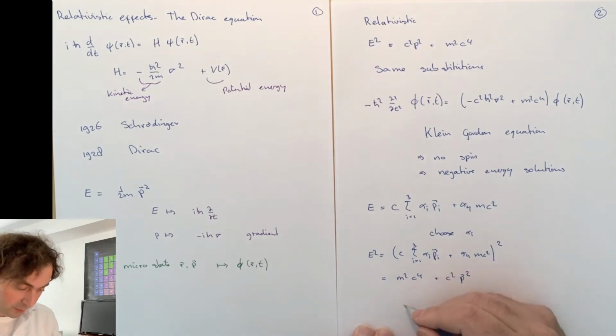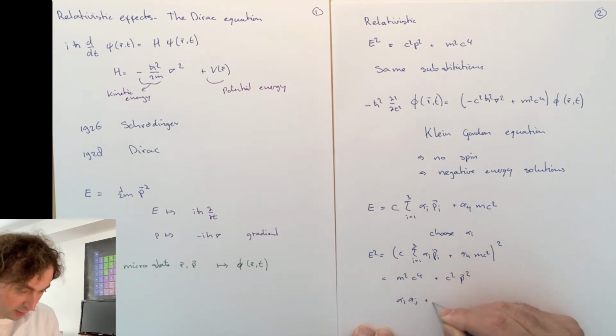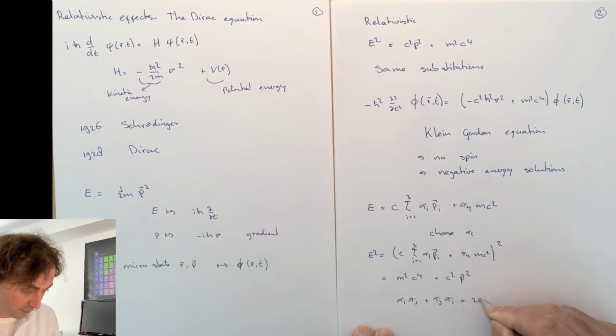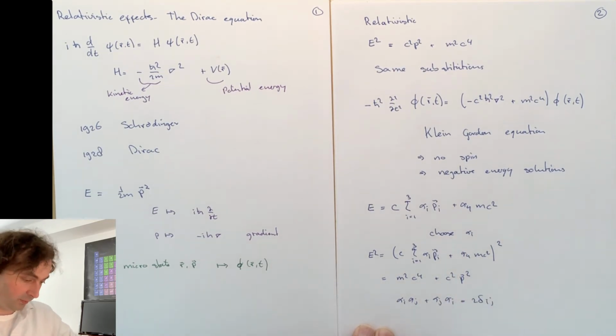For this to hold, we must have that alpha i alpha j plus alpha j alpha i is 2 delta ij.